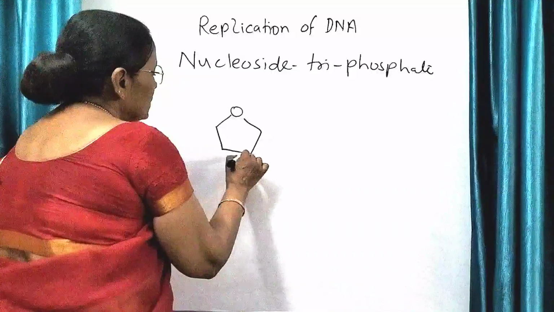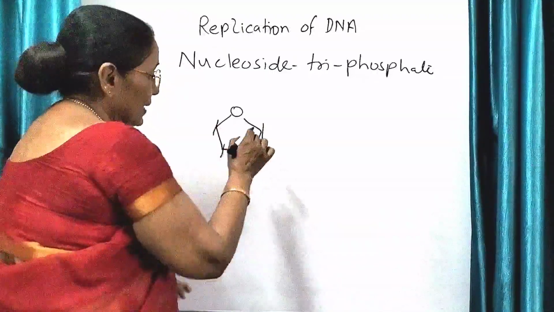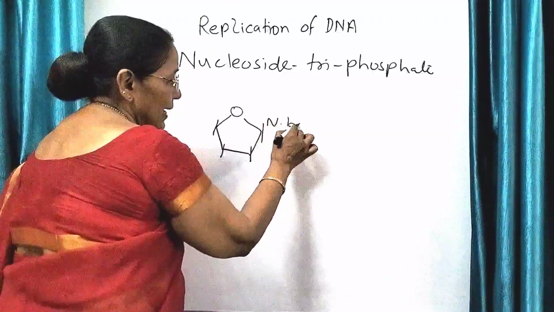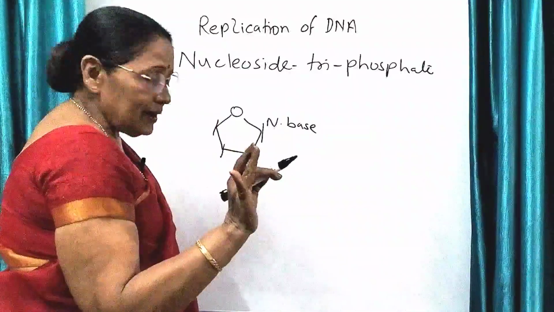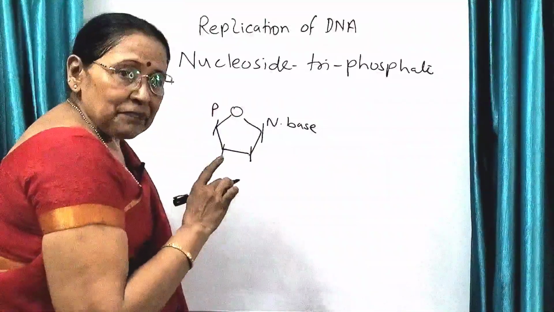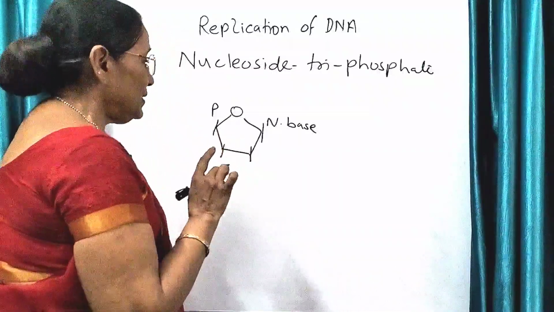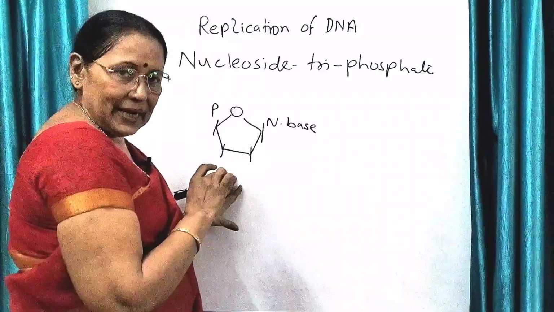This is a deoxyribose sugar. This sugar, when it is attached to a nitrogen base at the C1 position, is called a nucleoside. Then when it is attached to the phosphate group at the C5 position, it is called a nucleotide. So this is our complete nucleotide.